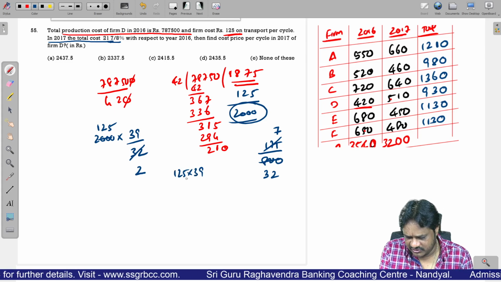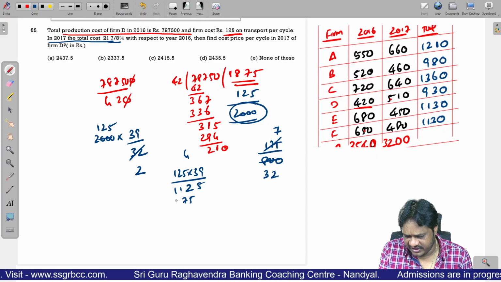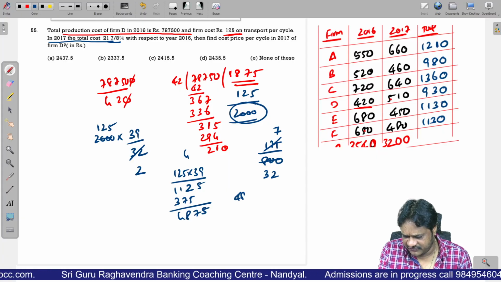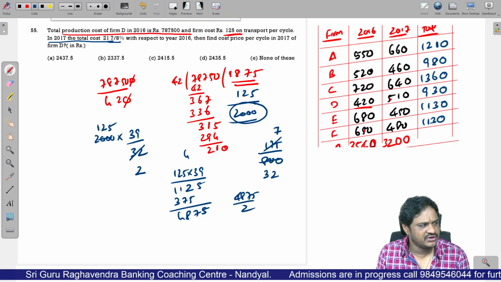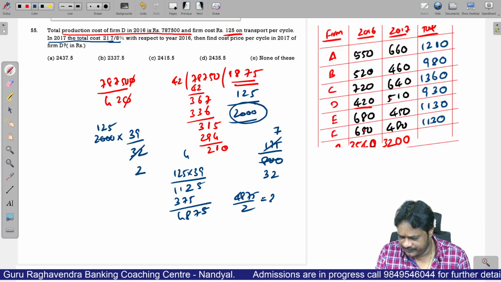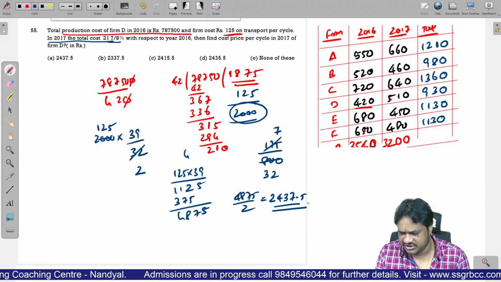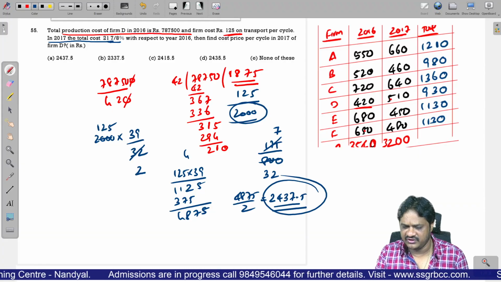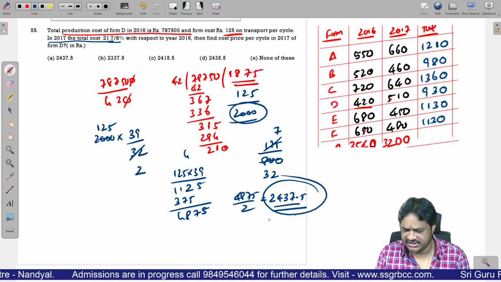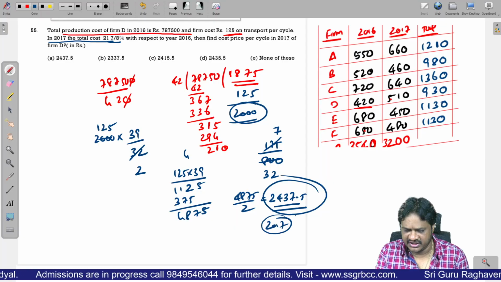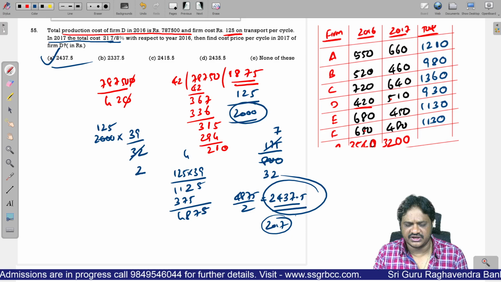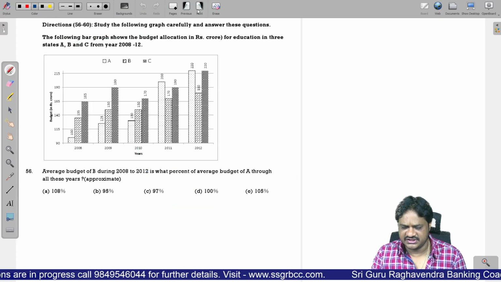What is 125 into 39? It is 4,875 divided by 2, 2, that gives 2,437.5. So that is the cost of each cycle in 2017, 2,437.5. Let us see the next question.